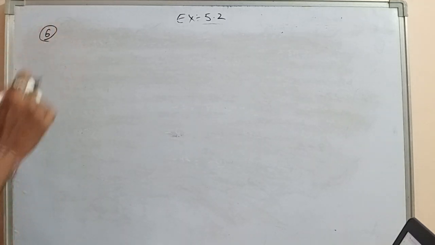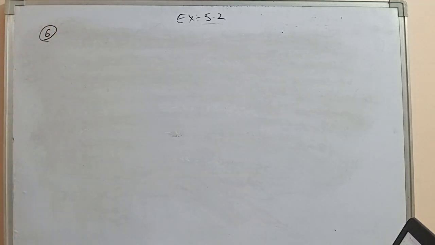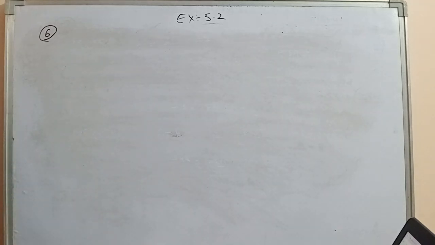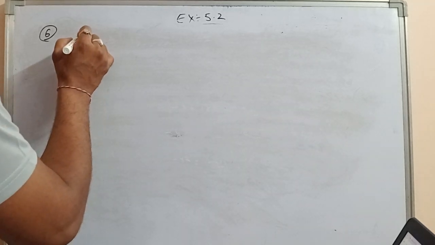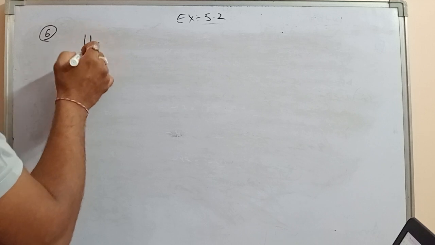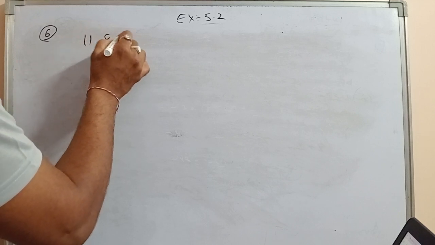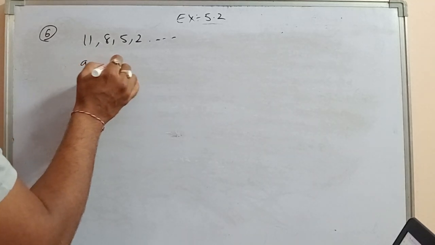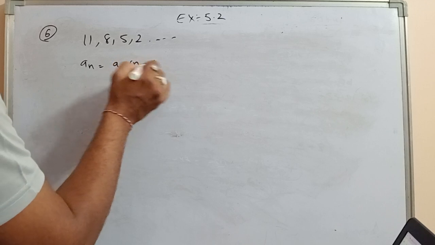So sixth one. In this, check whether minus 150 is a term of the arithmetic progression 11, 8, 5, 2, is the question. What is the given arithmetic progression? 11, 8, 5, 2 and so on. So here we know the formula an is equal to a plus n minus 1 into d.